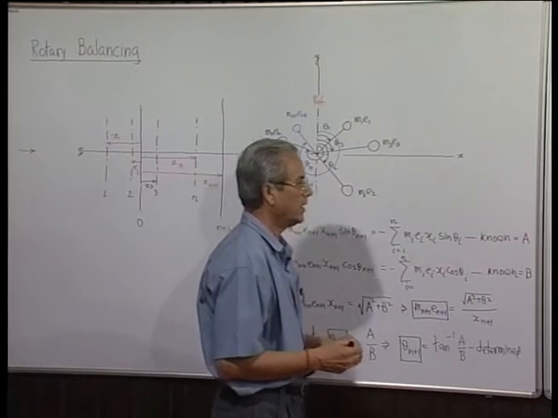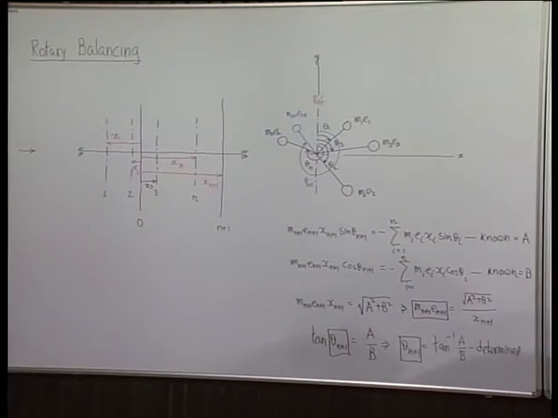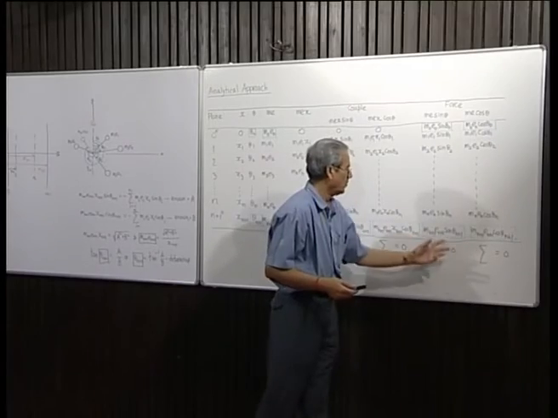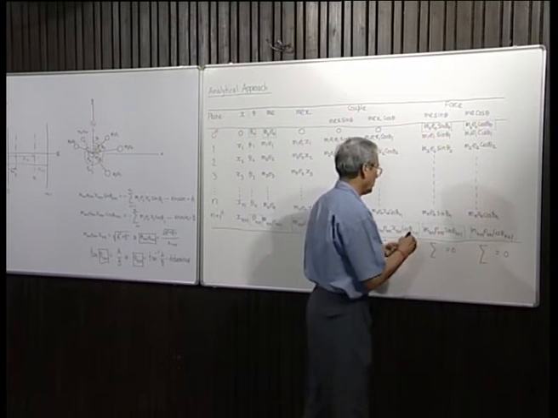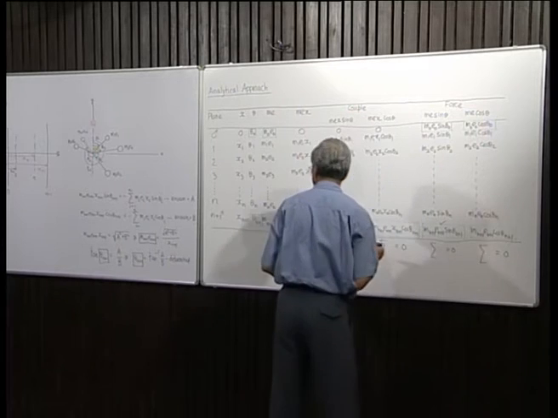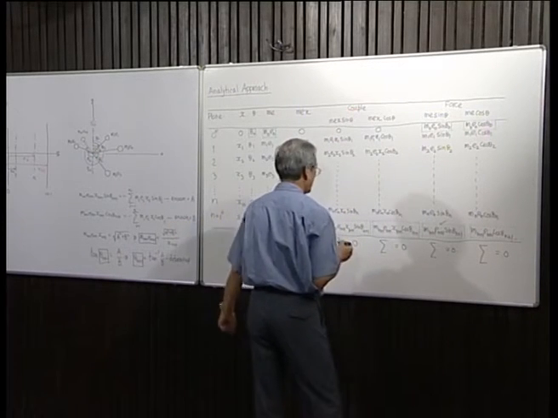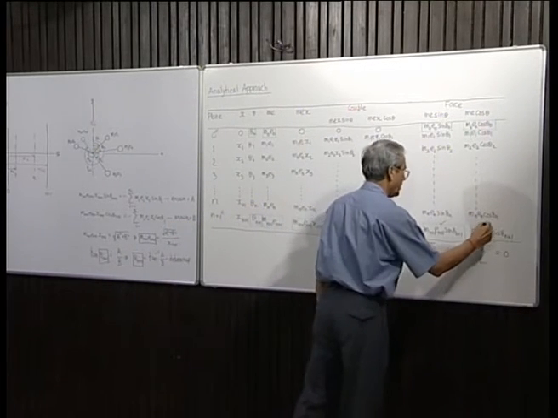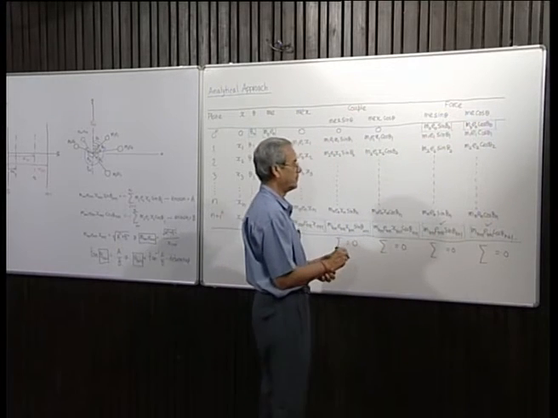Once that is done, then from the force columns, this becomes already known, because m n plus 1, E n plus 1 and theta n plus 1 are all known quantities. So, this is known and this is known.